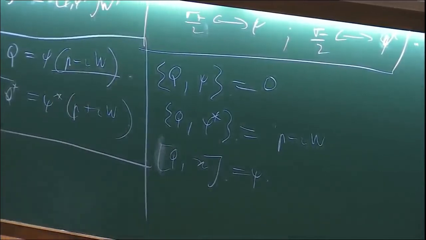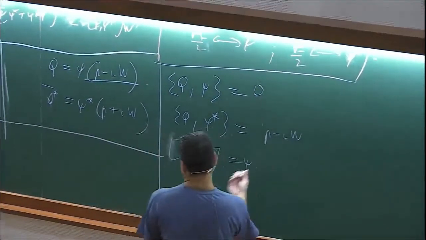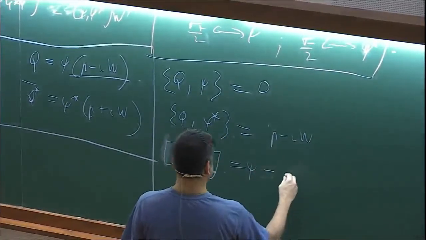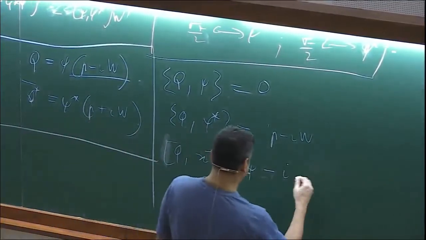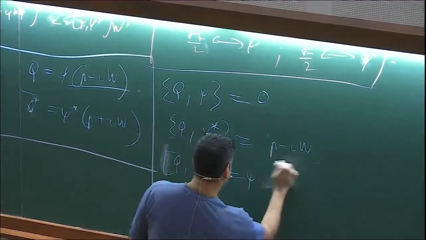But p and x don't commute with each other. The commutator of p with x is exactly minus i, so this is minus i into psi.